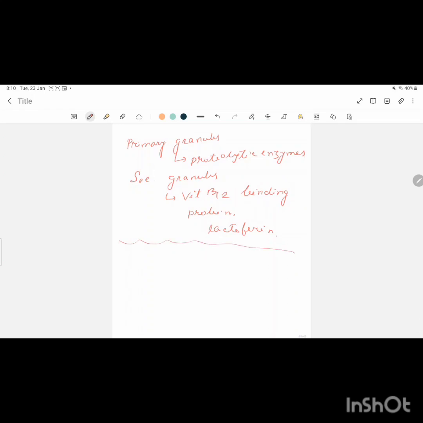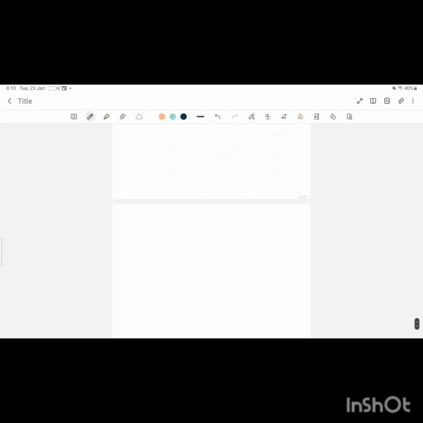Now what next? A very important topic is neutrophilic inflammation. What are the different cellular events and the different vascular events? First, inflammation. What are the four hallmarks of inflammation? This is a repeatedly asked question. You have to remember four of them.